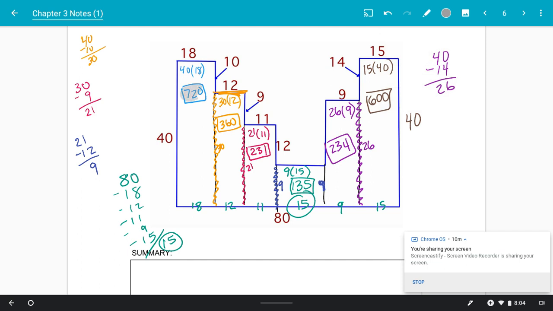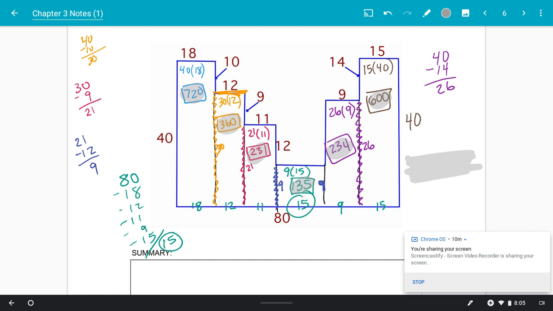So I can't do this on my calculator because I can't remember all of these, but I'm going to do it on my phone, and you guys can too. So we want to add all those up, and that's going to give us our huge total. So we'll take 720 plus 360 plus 231 plus 135 plus 234 plus 600.